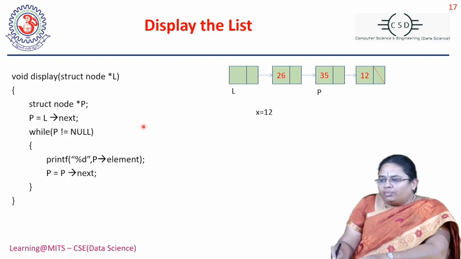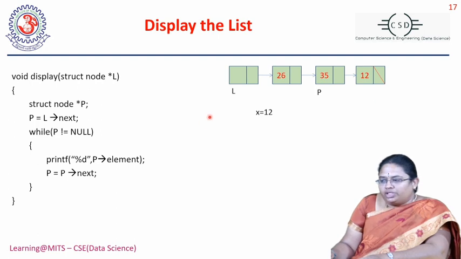So in P I am copying L next, the first node's address, and until it is not equal to null, each time I print the element and perform the traversal P equal to P next. With this statement P equal to P next, I can traverse the list till the end.